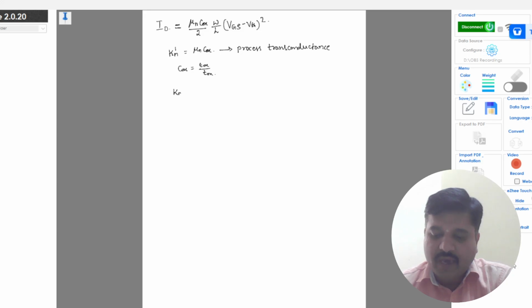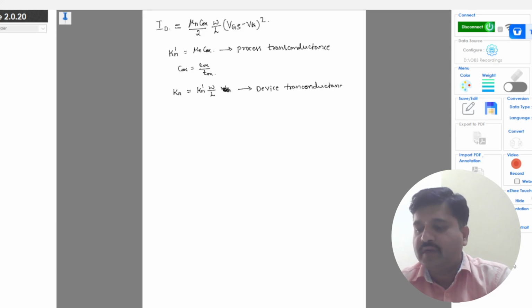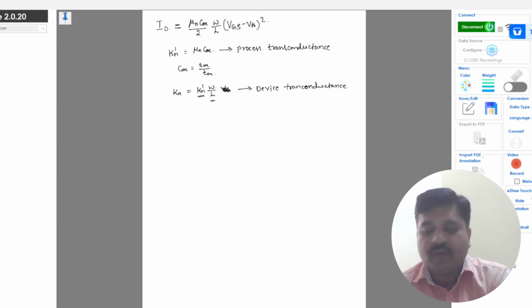And here we have another parameter called Kn, which is Kn dash into W by L. This is called the device transconductance. Along with the process transconductance you have W by L, which defines the dimension of the MOSFET.